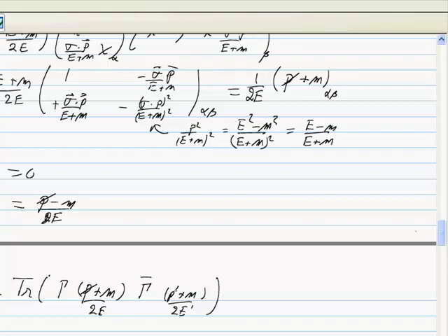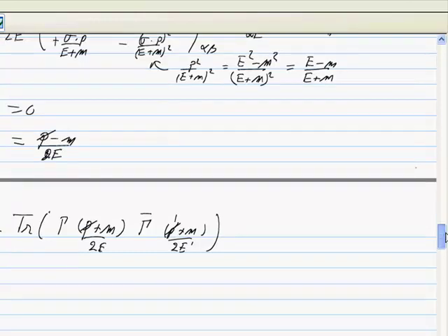The one little symbol does both jobs. P prime slash plus m. Okay, so there's spin sums for you.